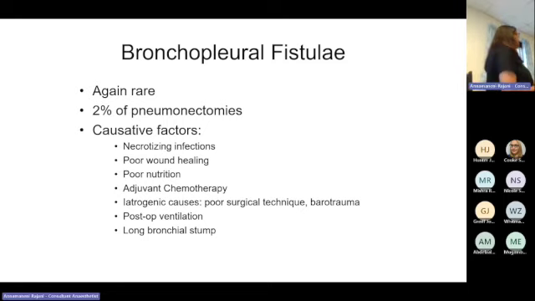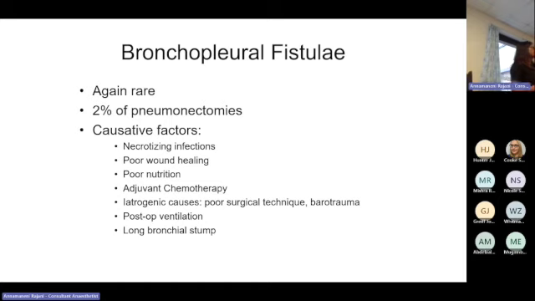Going on to the other surgical complication, which is really of importance from both the ICU and anesthesia point of view, is bronchopleural fistula. You can get it following pneumonectomies, and following lobectomies as well. Part of it is surgical technique, but some of it could be patient factors as well.